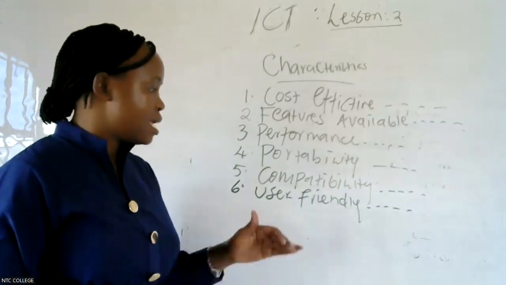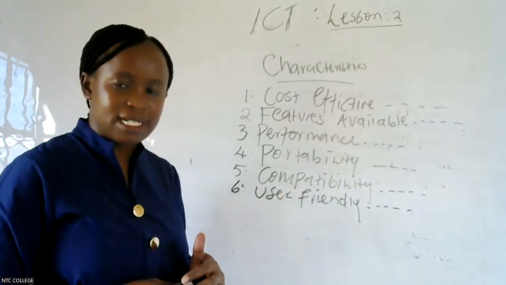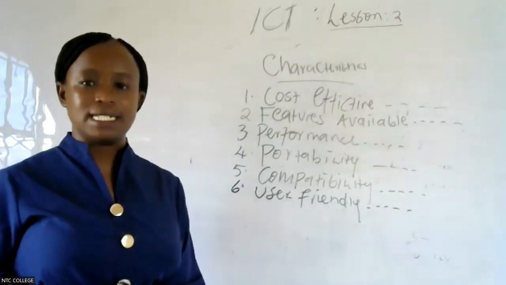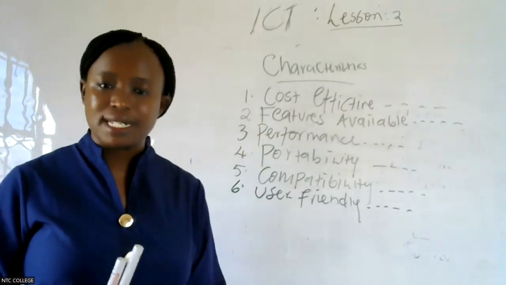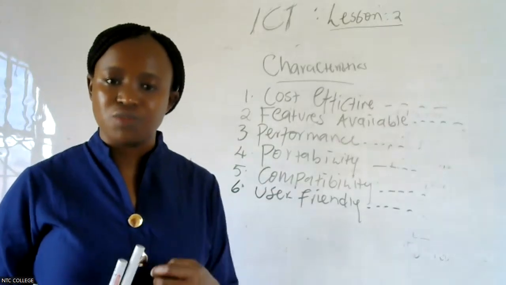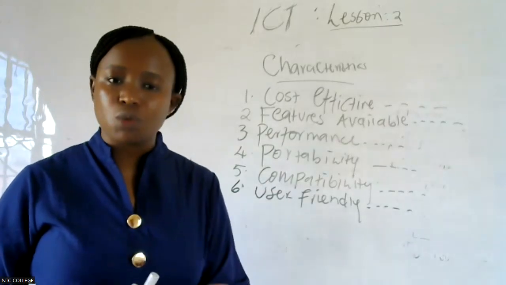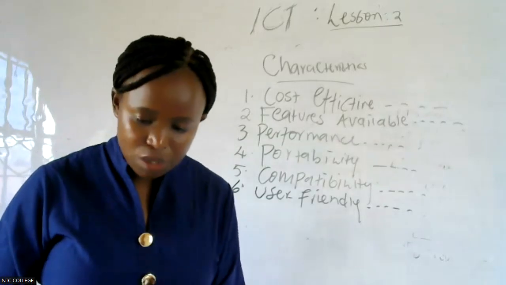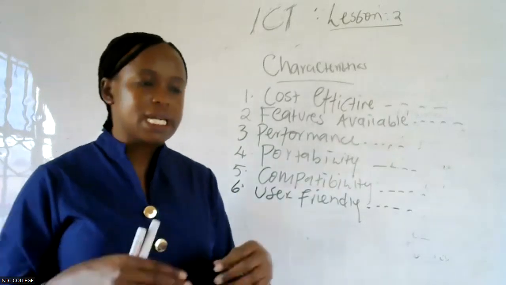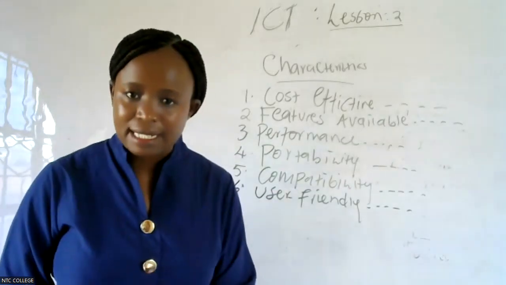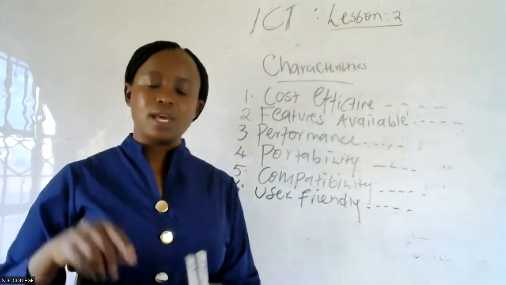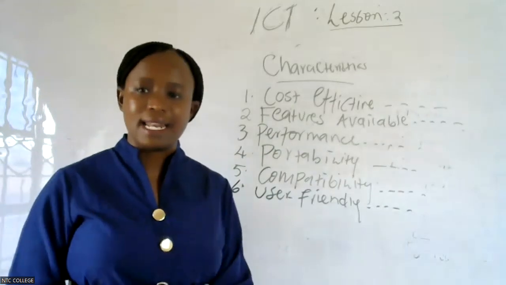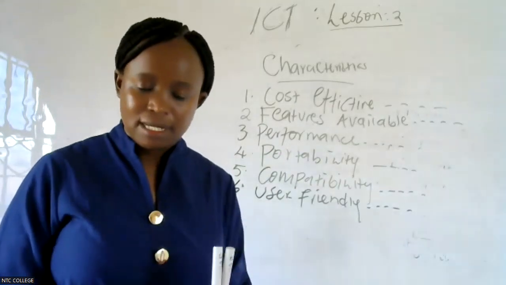That means any software that you are going to install in your machines should be easy to interact with from the user's point of view, not a software that will bring in complexity into your system such that your users cannot understand how to navigate.